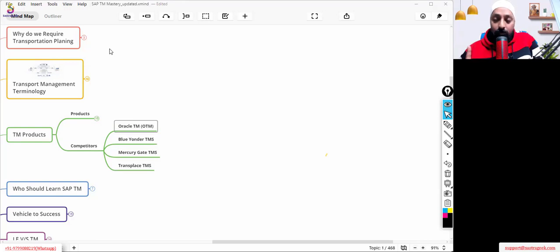We did the comparison among multiple tools, and the final comparison came down to OTM versus TM. And the reason OTM was implemented was its optimization capabilities. The optimization capabilities were very strong, and their optimization engine had been fine-tuned over 8 to 10 years.